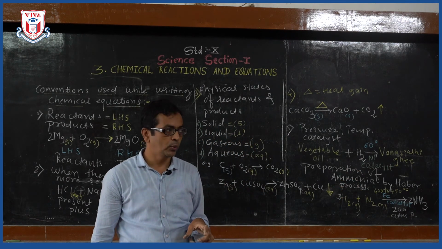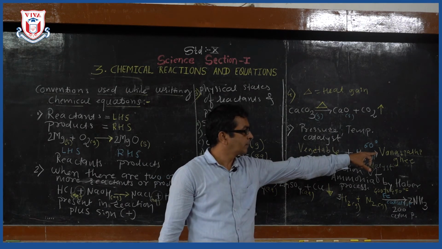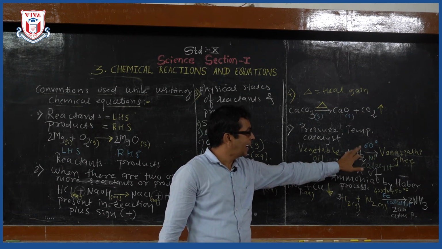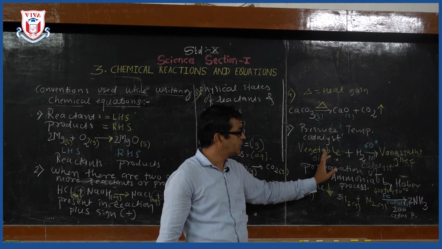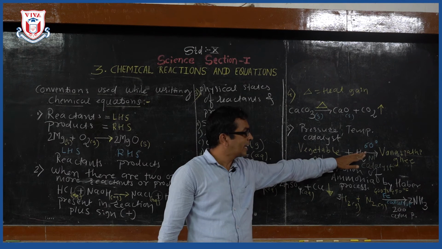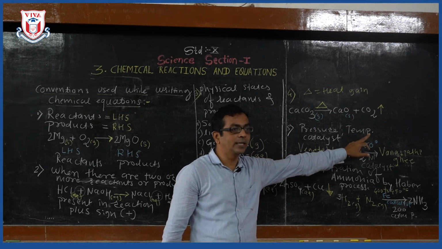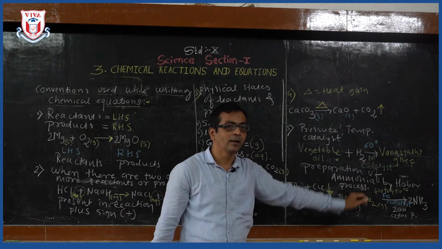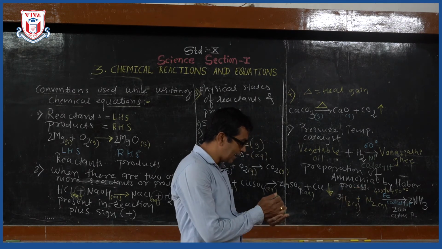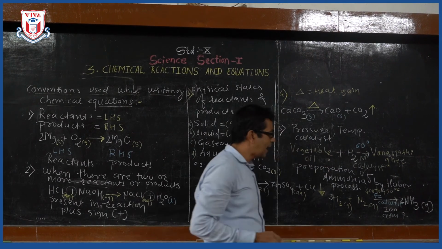So this pressure, temperature, or catalyst, you have to write on the arrow. Here I have shown you vegetable oil is converted to vanaspati ghee, which we use at our home. In this reaction we add hydrogen to vegetable oil. Vegetable oil is in a liquid state, it will convert into solid ghee. So this reaction is possible when you supply heat of 60 degrees Celsius and in presence of catalyst nickel. Same way, when you prepare ammonia gas, ammonia is prepared from nitrogen gas and hydrogen gas.